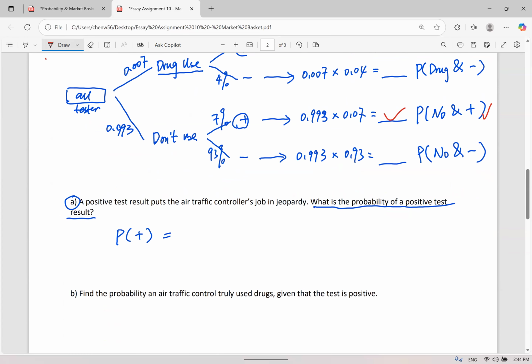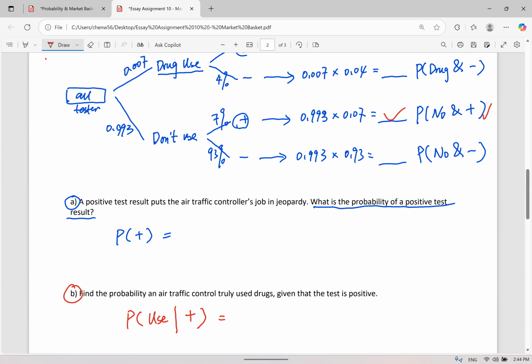And then number B will be finding the probability that the air traffic controller truly used the drugs given that the test is positive. So that means given the test is positive, we are looking for the probability that they really used the drug.